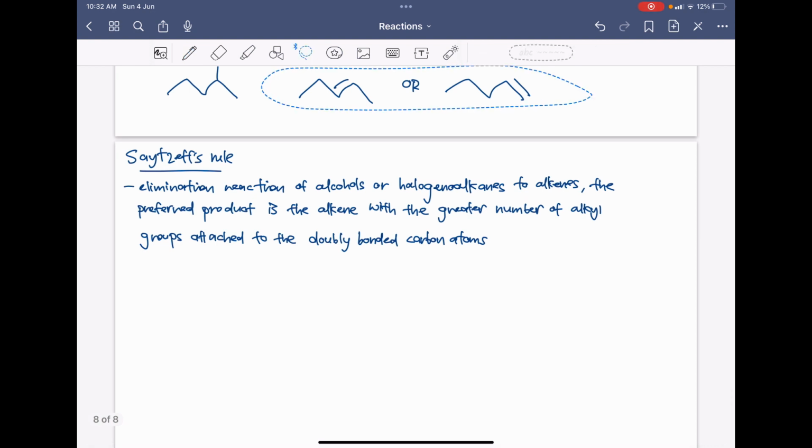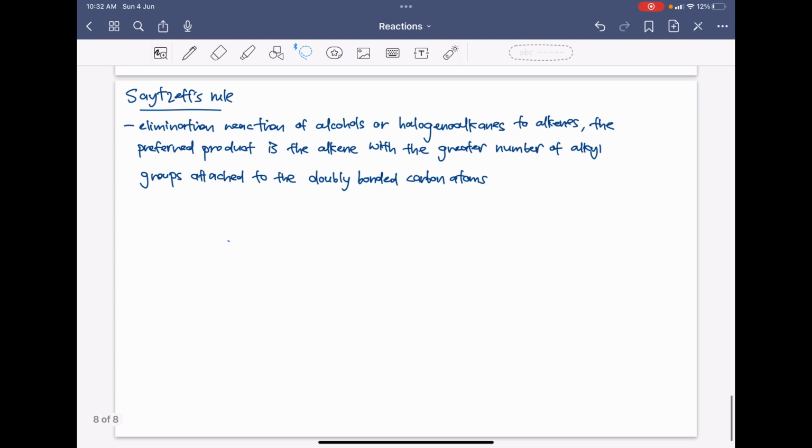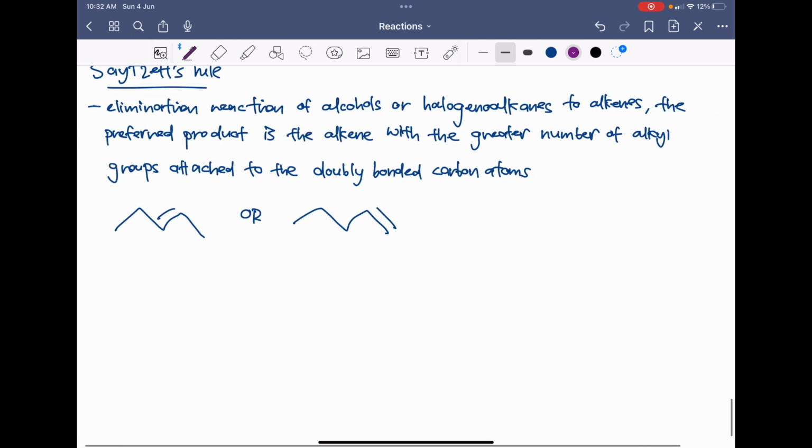So let's bring back this here. If you're looking from this halogenoalkane here, and we want to know the final product, we're looking at these two products. And if we look back at Zaitsev's rule, it states that the preferred product is the alkene with the greater number of alkyl groups attached to the doubly bonded carbon atoms. So let's look at this one first.